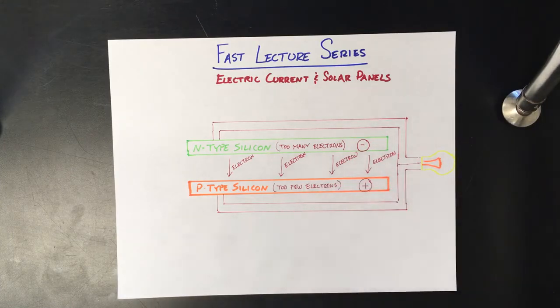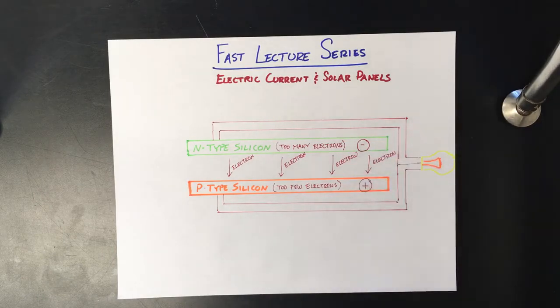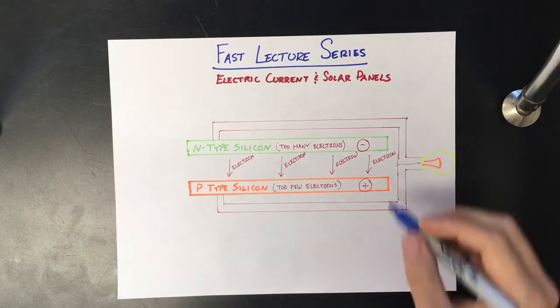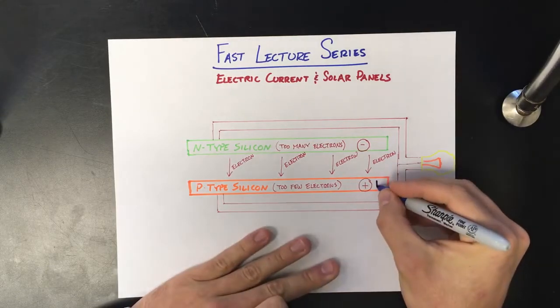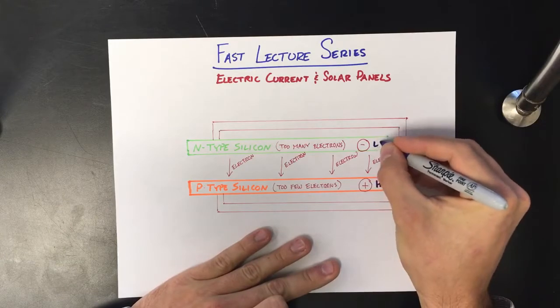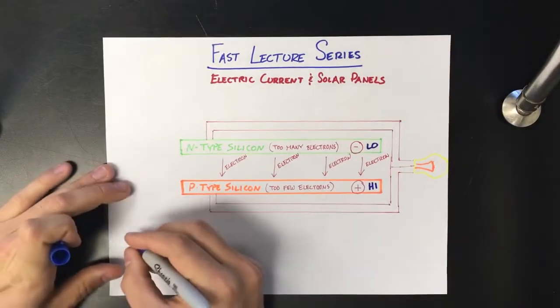What this does is create a charge. So our p-type is positive, and our N-type is negative. Things with a positive charge are considered a high charge. So this is going to be a high charge, and likewise that one will be low. And this is because of the first law of thermodynamics.